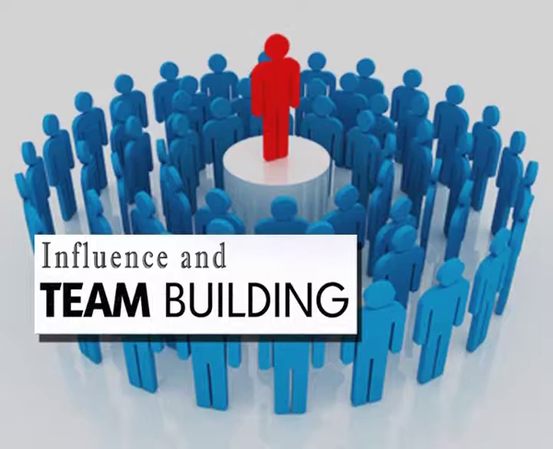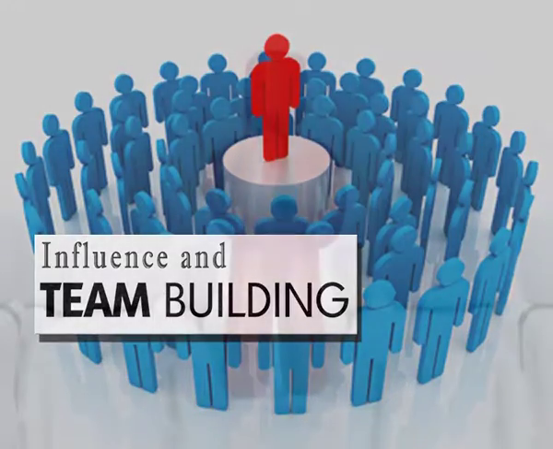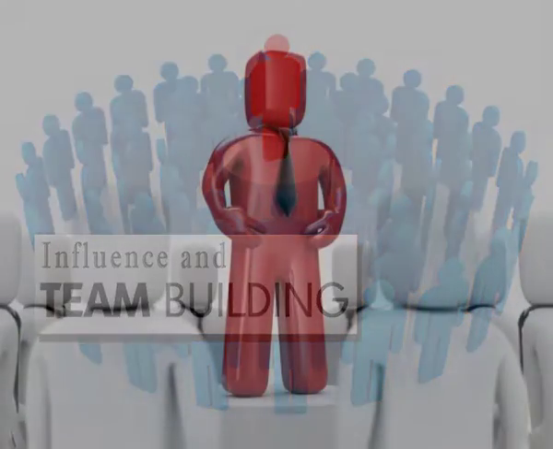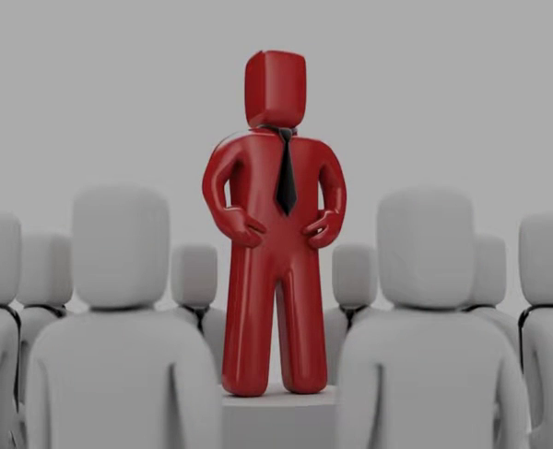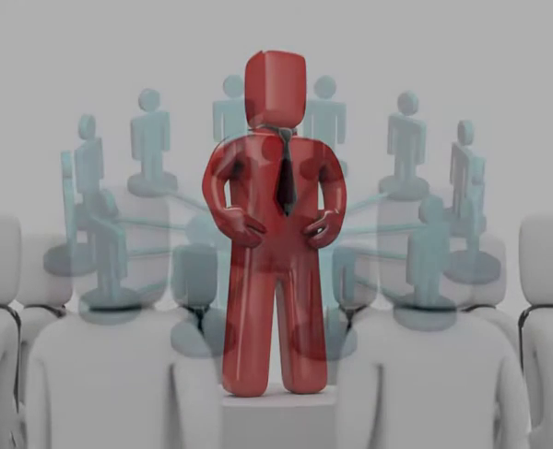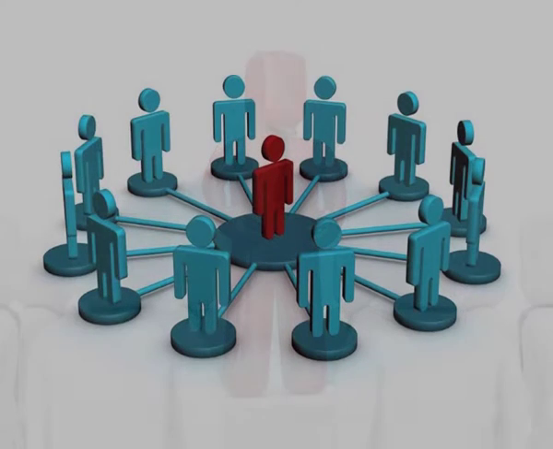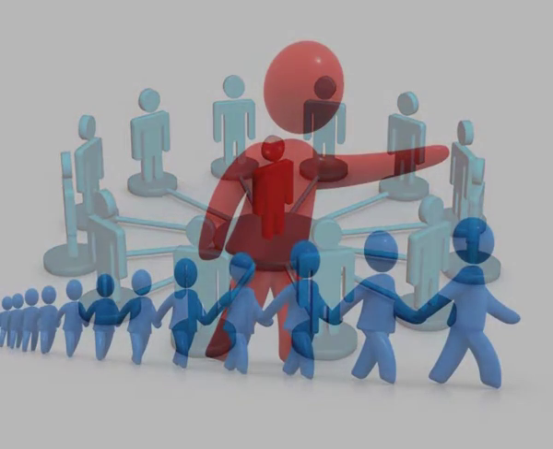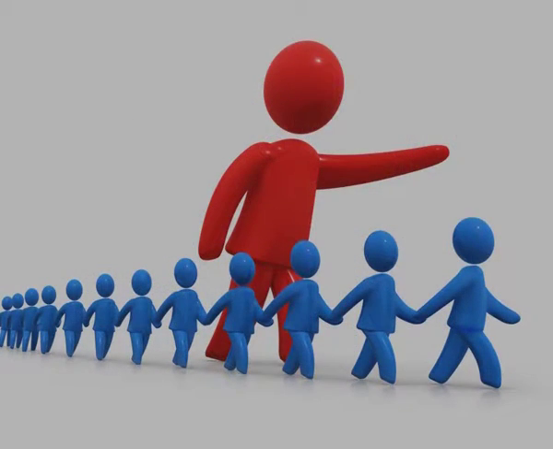Influence and team building. The project manager should influence the team. He should always strive to build up a strong team. He should be able to understand their feelings, their communication, what is going on in their mind, how the team is working together, whether it is working together or is there any conflict among them.